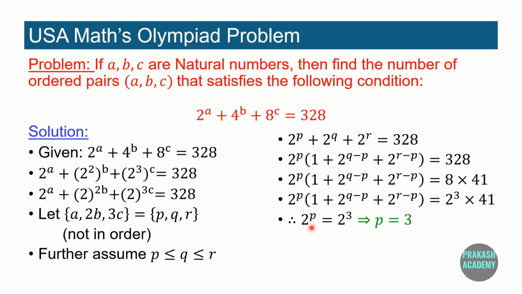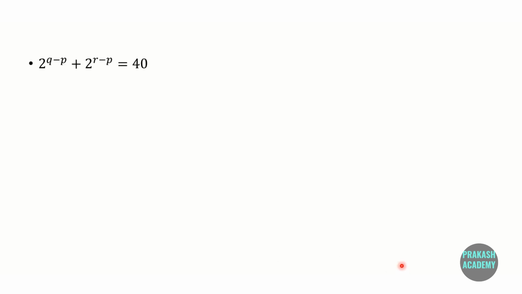So if I compare, 2 raised to the power P is equal to 2 cubed, which means P is equal to 3. So we have solved for one unknown, P. Now this one is equal to 41. If I take 1 to the right hand side, this term and this term equal 41 minus 1, that is 40. So this is the condition we now have.